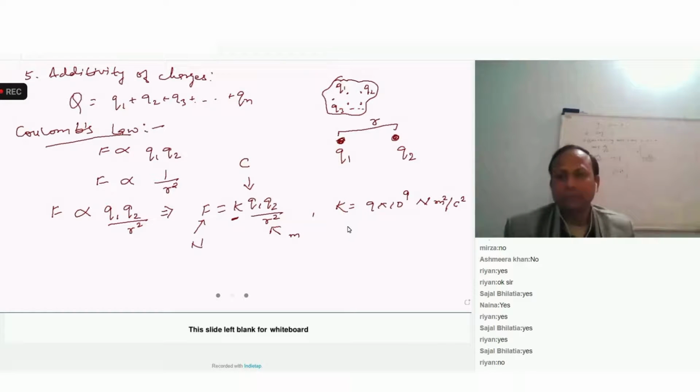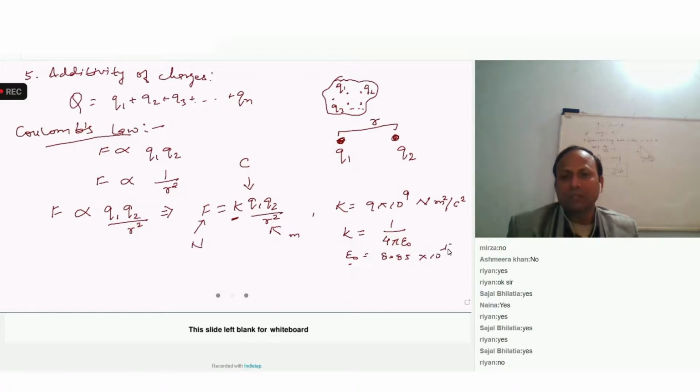In some books you will find that k is equal to 1 upon 4 pi epsilon naught, where epsilon naught is said to be the permittivity of free space. We will later discuss this term. Its value is 8.85 multiplied by 10 to the power minus 12.